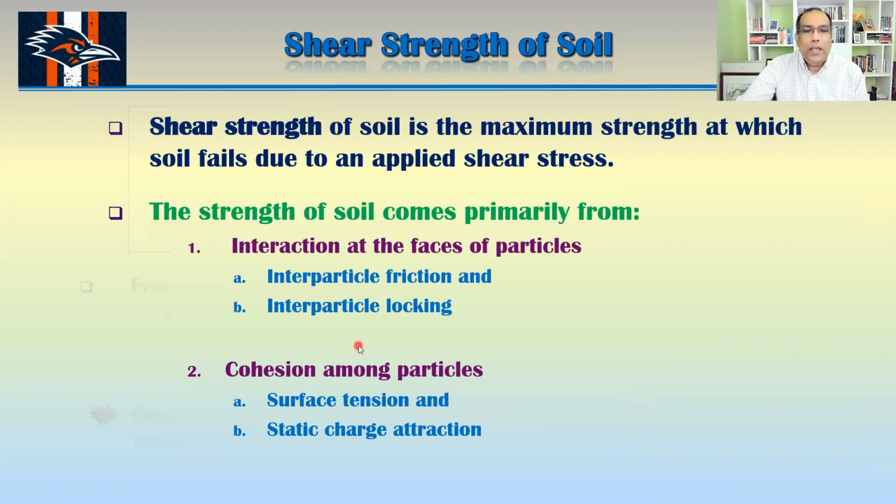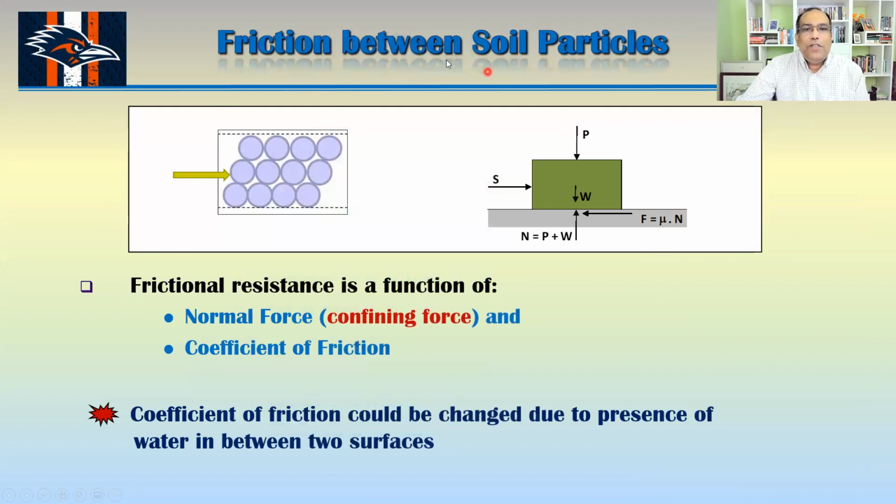Now let's take a look at what friction between soil particles is. If you try to shear that soil, they have to move; they have a surface of contact and they have friction there, right? So the frictional resistance is basically a function of normal force or confining force, that is, how tightly this one is held down.